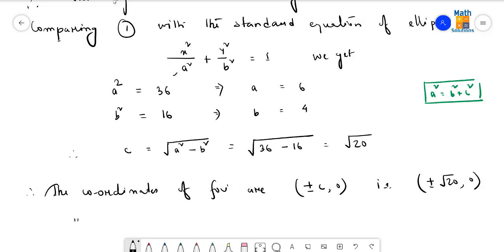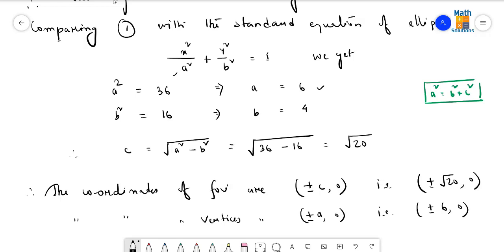Then the coordinates of vertices: similarly the vertices are also lying on the x-axis, one positive, one negative, so plus minus a, that is plus minus 6 comma 0.